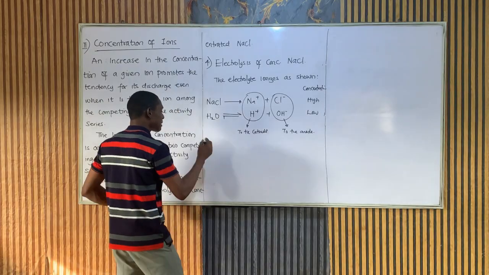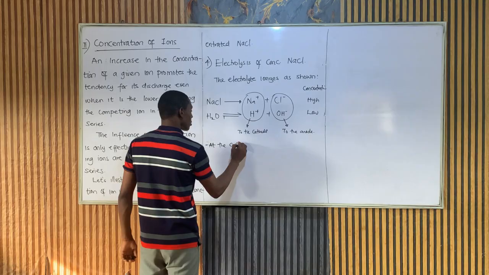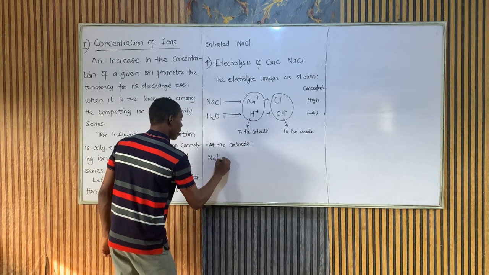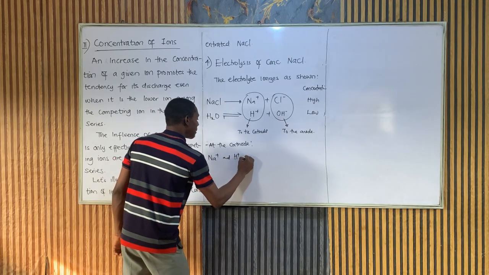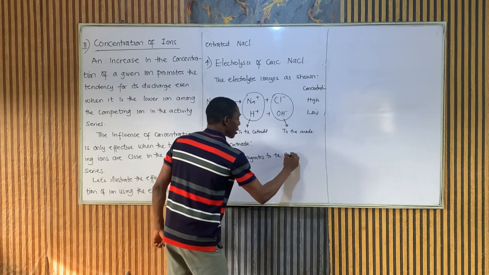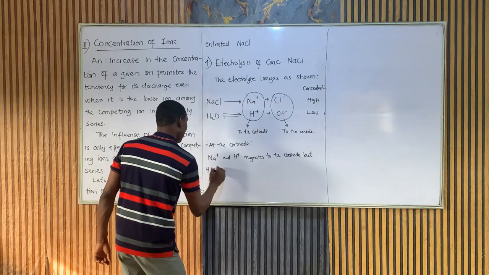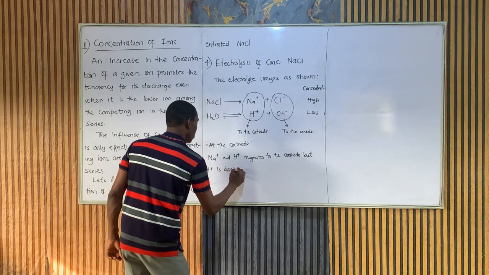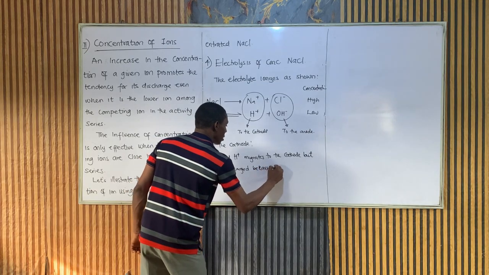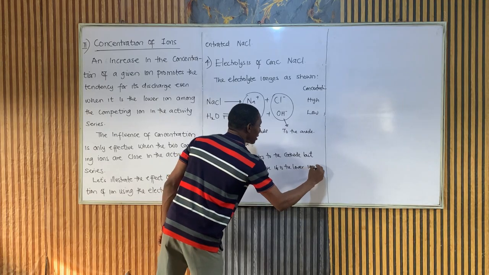So hydrogen is discharged. Let's put that into a statement. At the cathode, sodium and hydrogen migrate to the cathode, but hydrogen ion is discharged because it is the lower ion in the series.